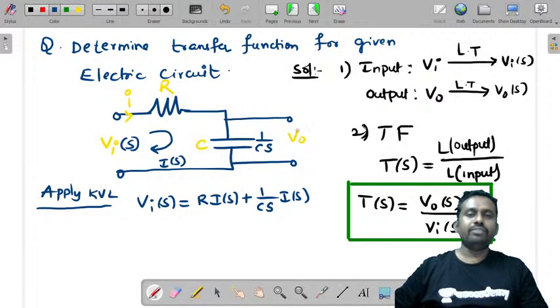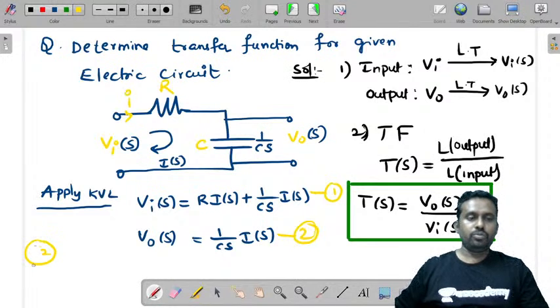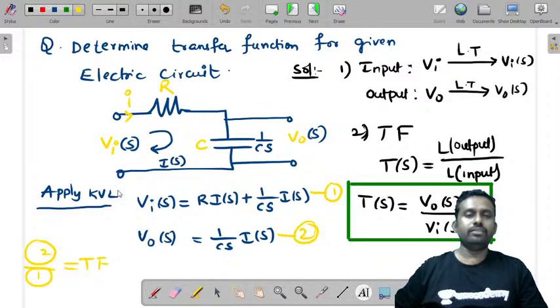Now if you apply KVL at the output, Ohm's law, V output of S is equal to 1 by Cs into I of S. Let us consider these two as two equations. Call this equation 1, call this equation 2. If you divide 2 by 1, you will get the transfer function. So let us take this to the next slide.